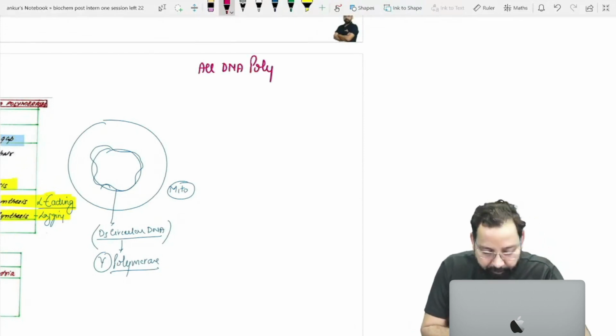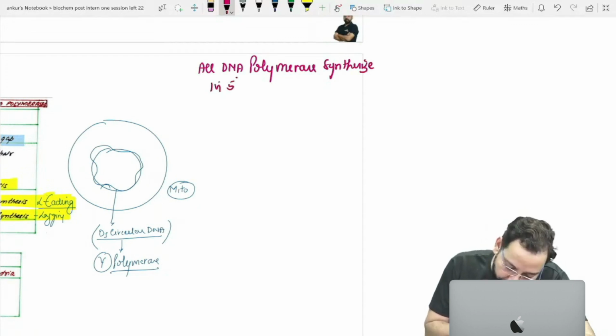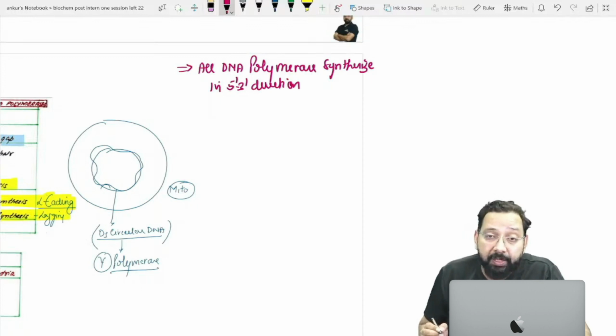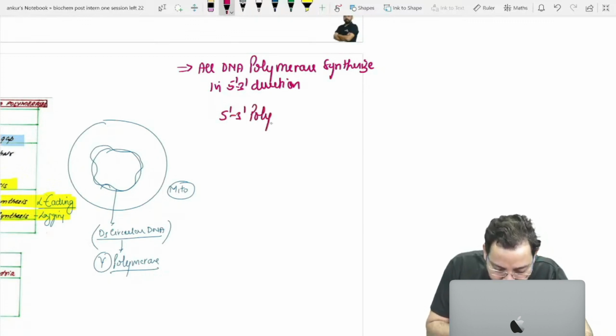Now, all DNA polymerases synthesize in the 5 to 3 direction. Yes or no? Because you know synthesis always occurs in the 5 to 3 direction. So all DNA polymerases have 5 to 3 polymerase activity.